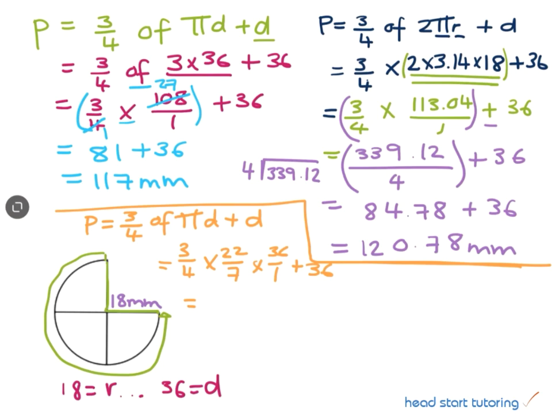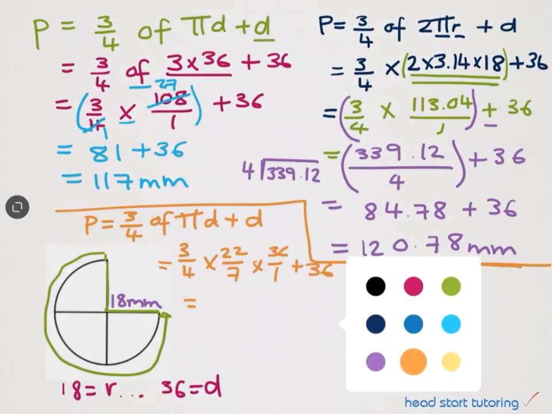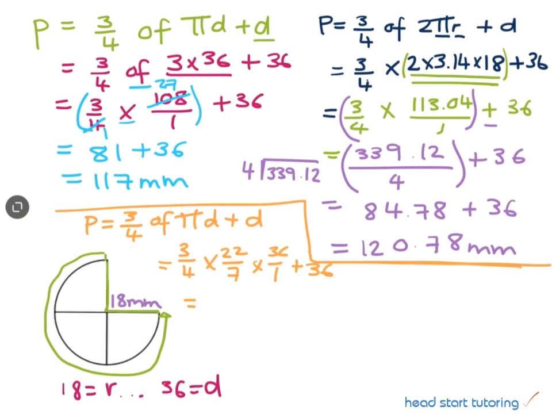Right. So we now end up with some fractions which we can cross cancel. So 4 goes into itself once, and we can go straight over to the 36 there and put 4 into 36 9 times, and we can't actually simplify any further. So we end up with 3 multiplied by 22 multiplied by 9, which gives us an answer of 594 over 1 times 7 times 1 is 7, and then we obviously plus our 36 at the end.